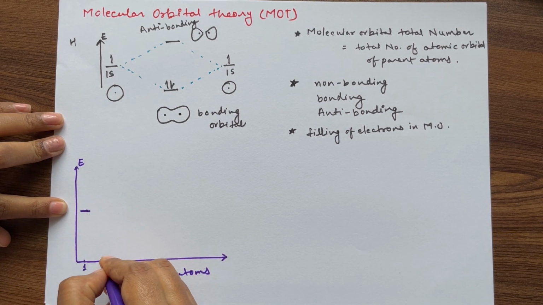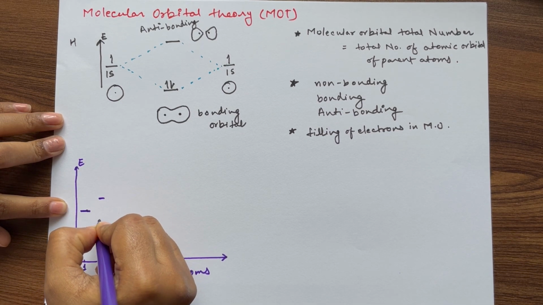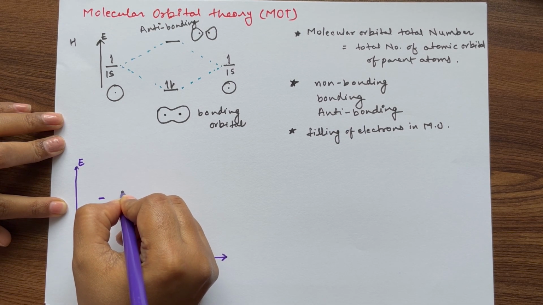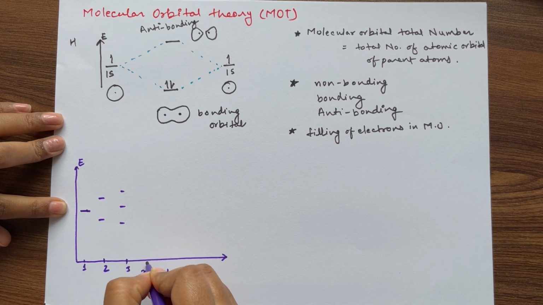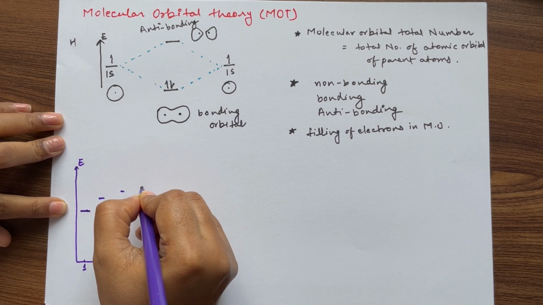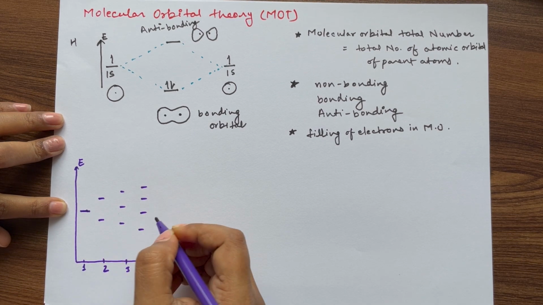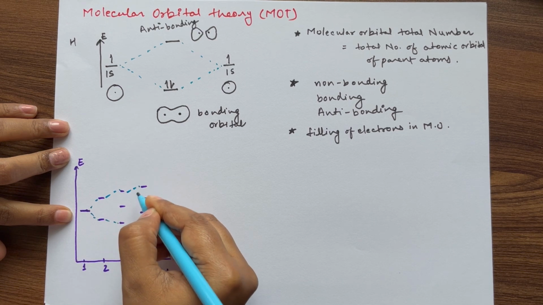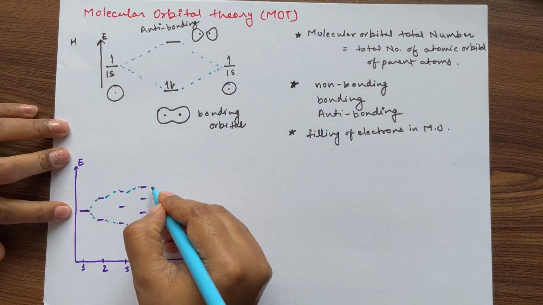So this is for one atom. For two atoms, it is divided in two. For three atoms, there will be three different molecular orbitals. For four, there will be four different molecular orbitals. When the number of atoms increases, the number of molecular orbitals also increases.